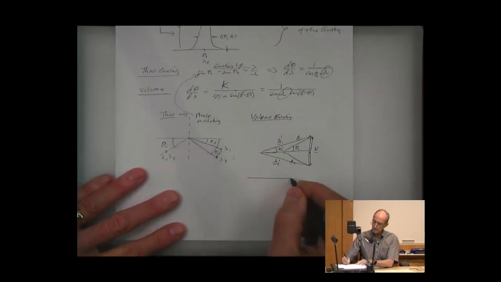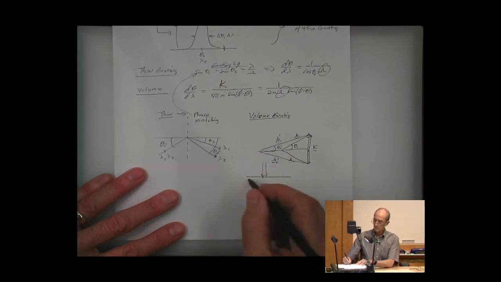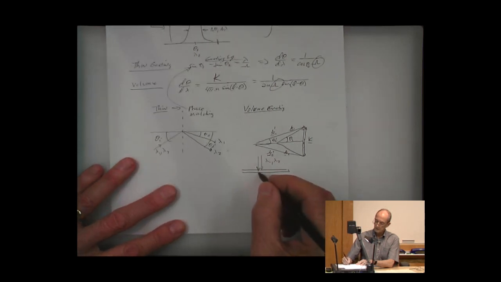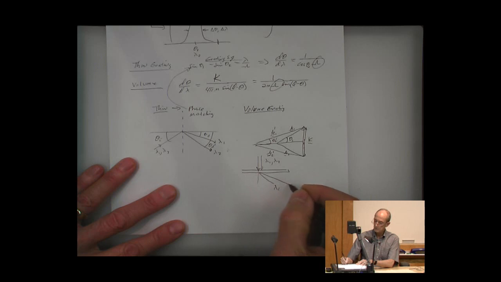So that means that if we come in here with a beam with multiple wavelengths, lambda 1 and lambda 2, one beam will be dispersed here for, say, lambda 1, and lambda 2 is going to be dispersed here.